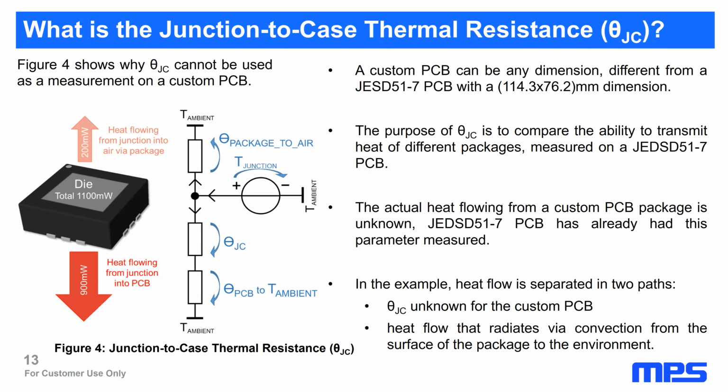The heat flow is just like a current source in this electrical circuitry. The theta junction case is unknown for the custom PCB. Heat flow radiates via convection from the surface of the package to the environment.